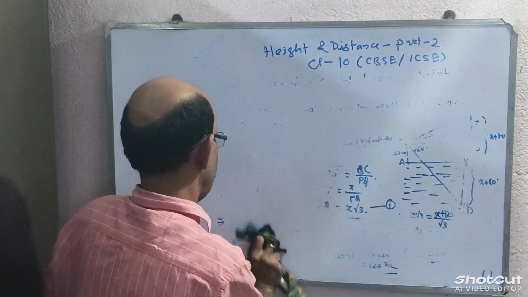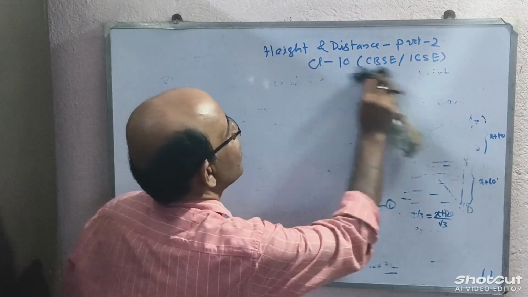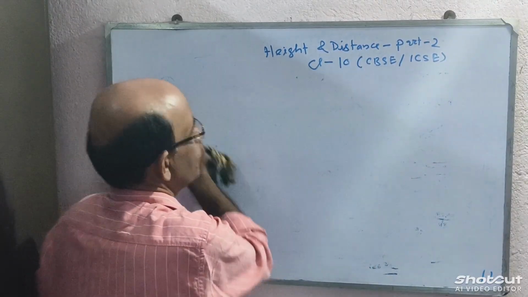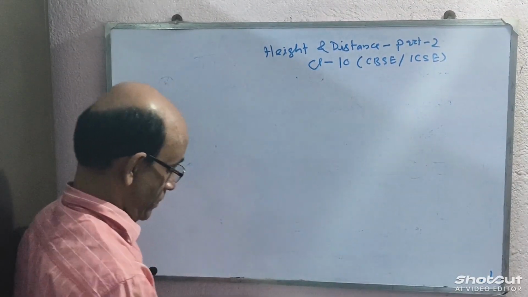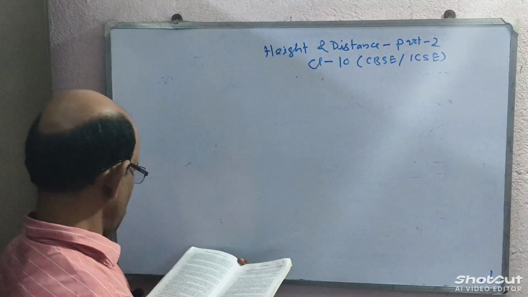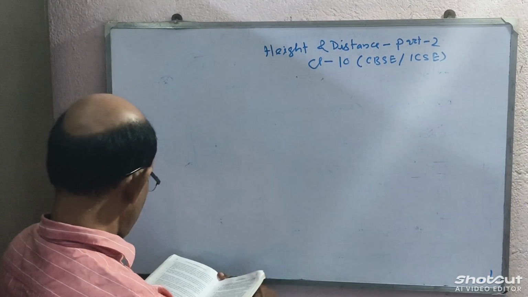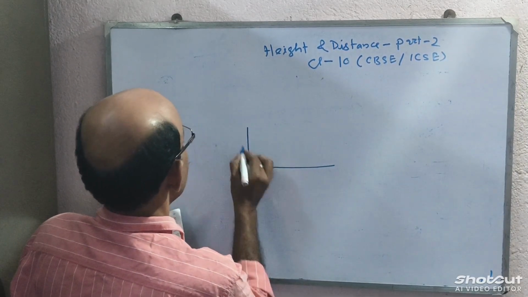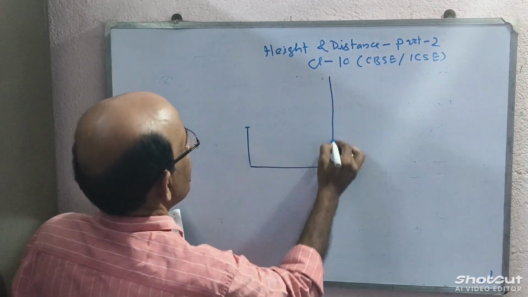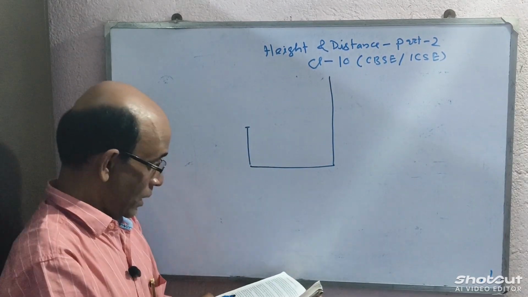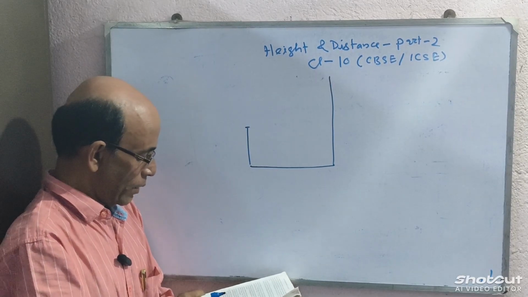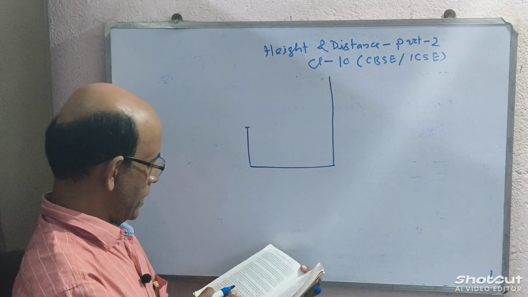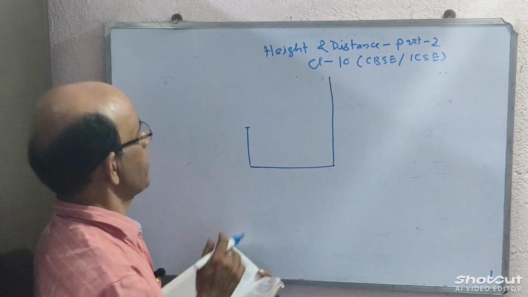Draw the diagram first. You have to draw the diagram first, then find. From the top of a 7-meter high building, this is a tower, cable tower. Angle of elevation is 60 degree of its top and the angle of depression.